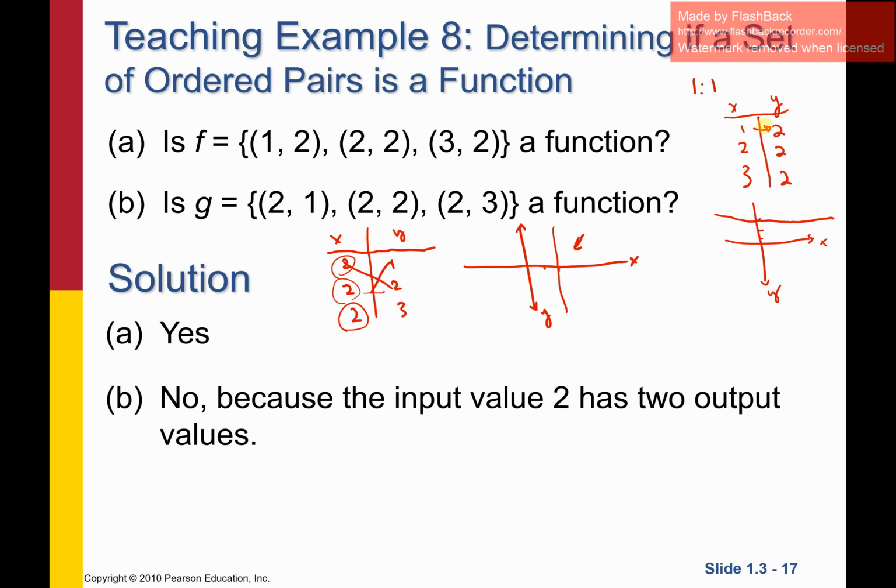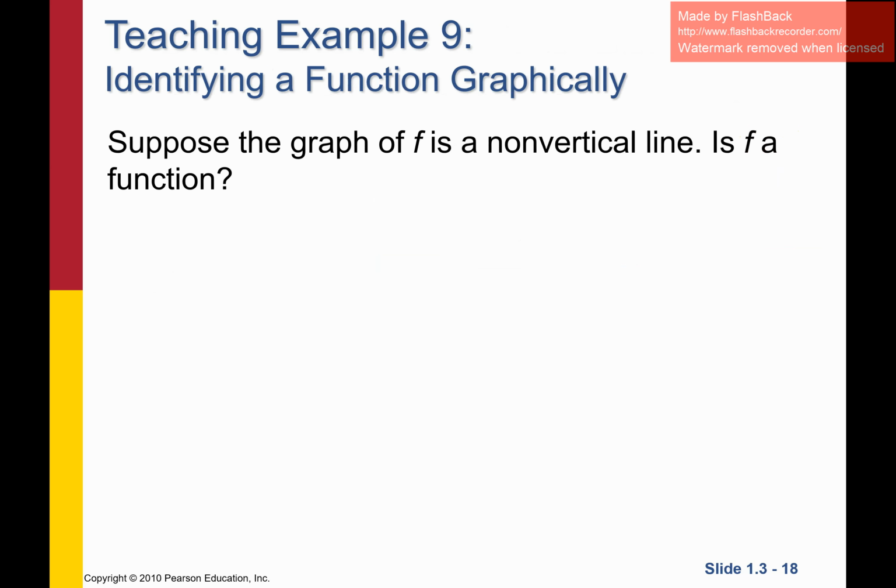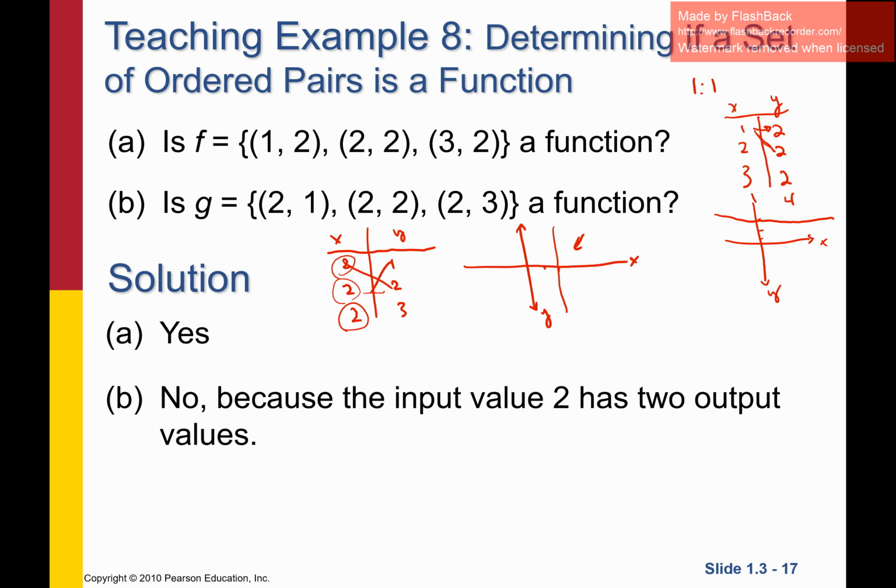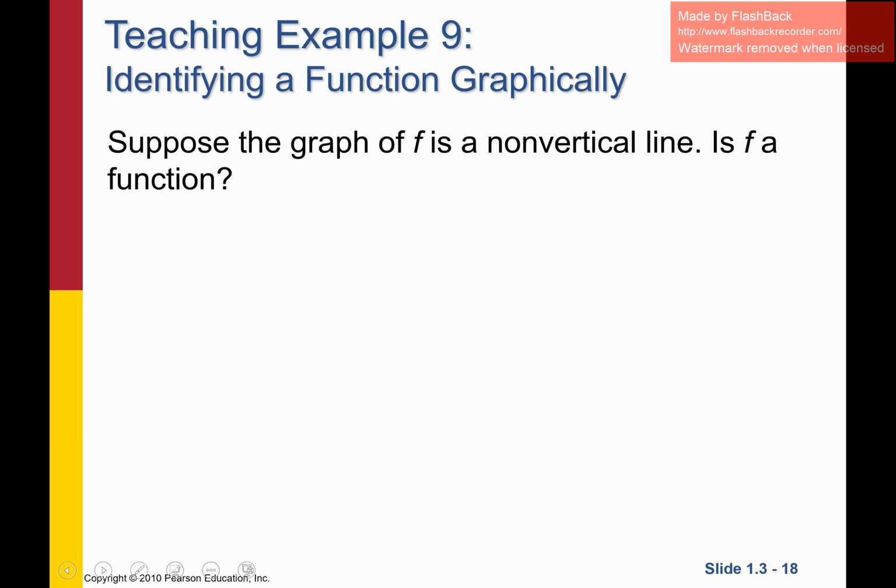For example, if you put in 1 and you get 2, and then you put in 1 and you get a different number, like 1 and you get 4, this would not be a function, but that's not the case, okay? So the input value can only have one output value, okay?